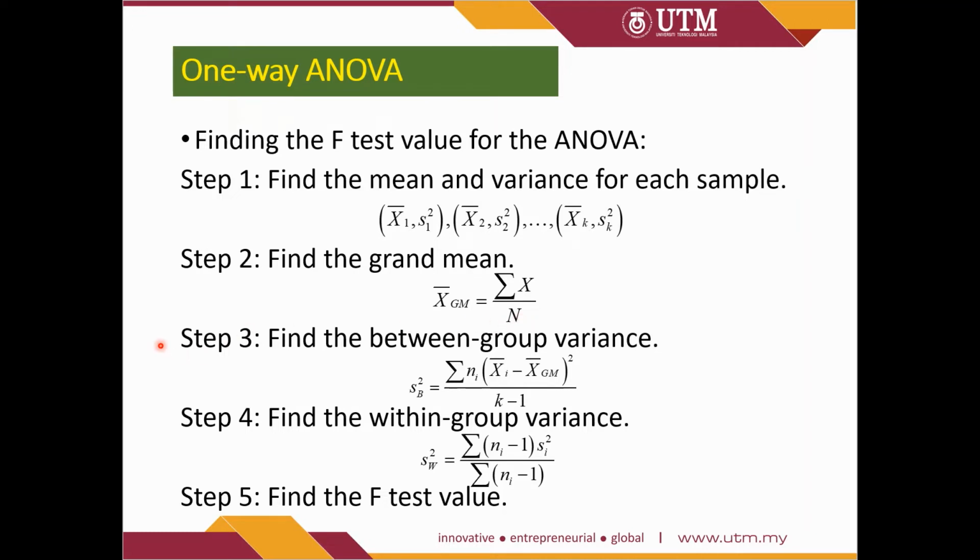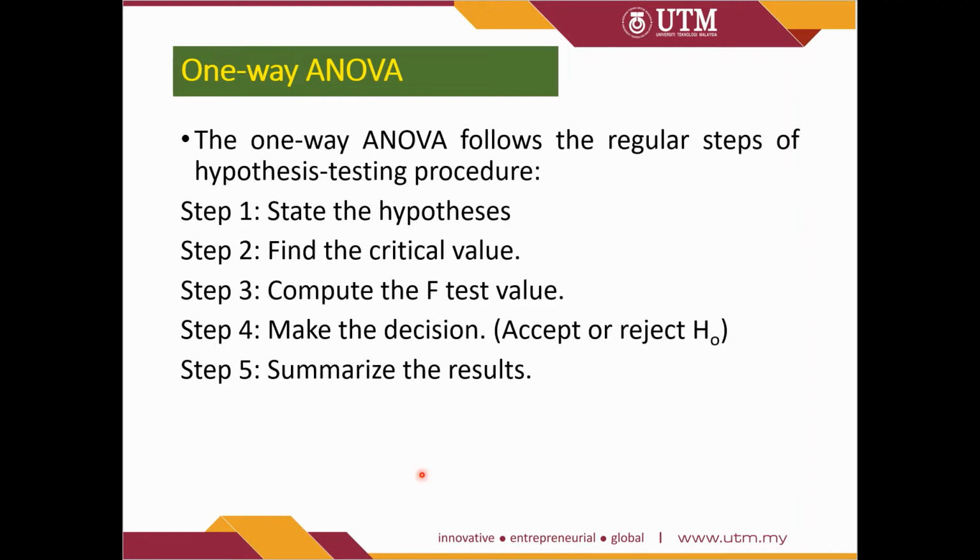Step 3, we find the between group variance, given as S squared B, then find the within group variance, and the last step is to find the F-test value, which is the between group variance divided by the within group variance.